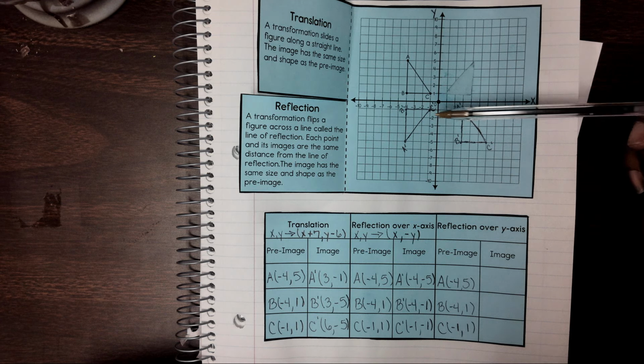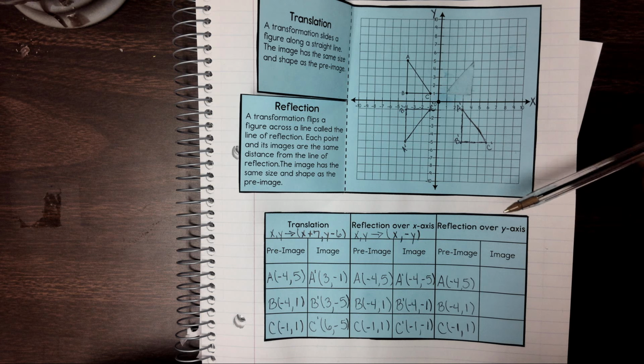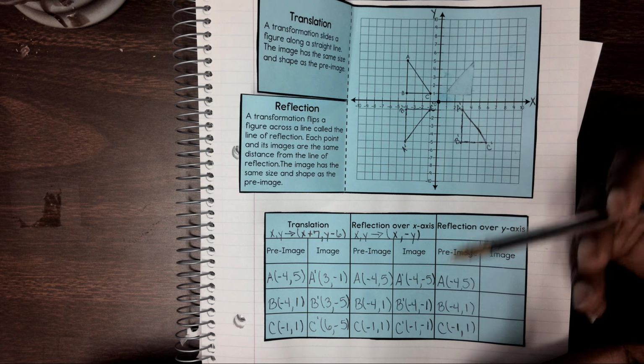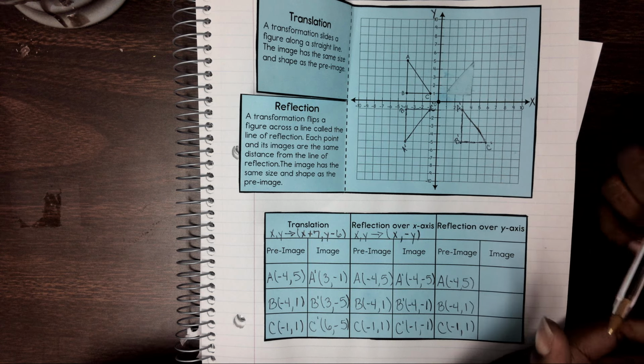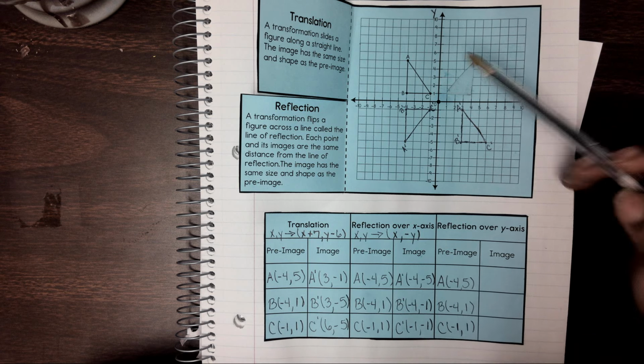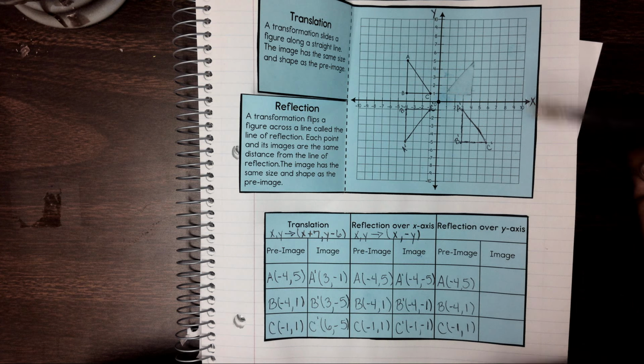Okay? In regards to the orientation, it is just kind of like the presentation of the figure, how it looks. Does it look the same? Okay? Are the points still in the exact same position? That's what we're looking for.